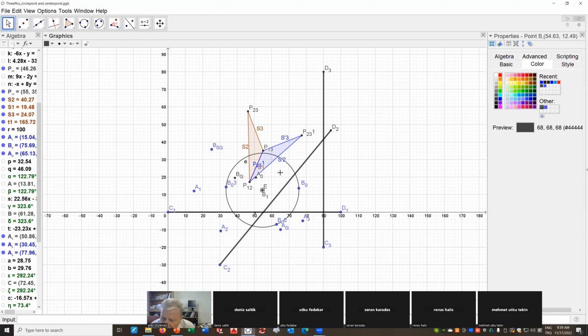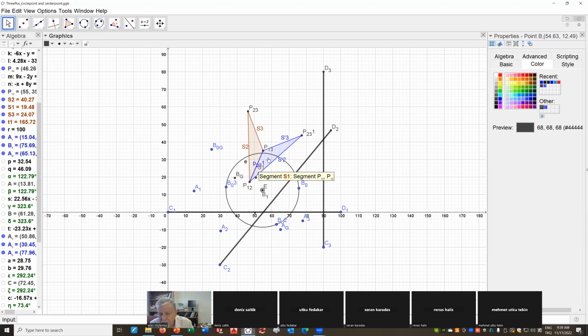In the previous case, I have determined B1 using the theorem that the angle formed by the center point with respect to any side is equal and opposite to the angle formed by the ground point with the other side. Okay?